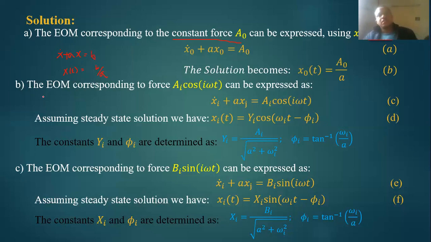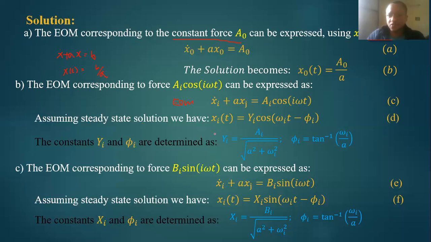Again, the equation of motion corresponding to the cosine term, ai cos i omega t, is x dot i plus a xi, which is equal to ai cos i omega t. Now, for the solution, we assume the steady state solution, that is the particular solution, Yi cos of omega i t minus phi i.